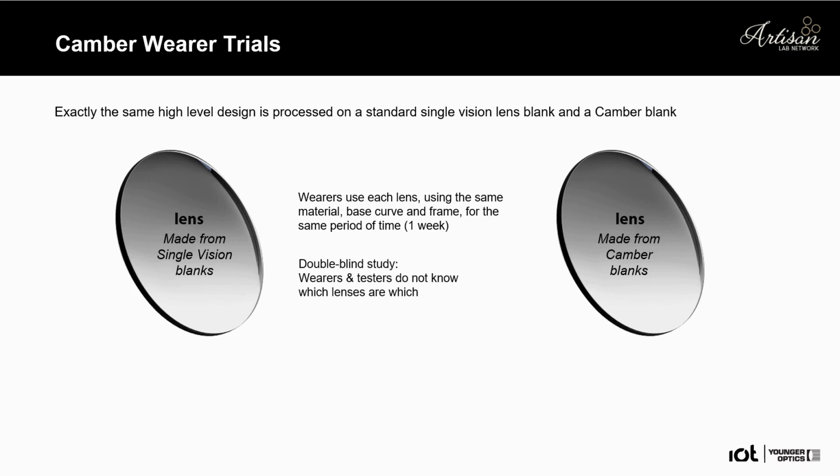This is a double-blind study, meaning the wearers didn't know which pair of lenses was which, and the testers conducting the study didn't know which of the lenses was which. The wearers were asked to compare lenses after trying them both.